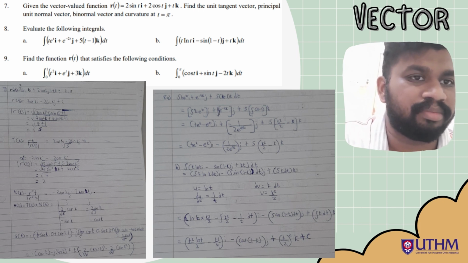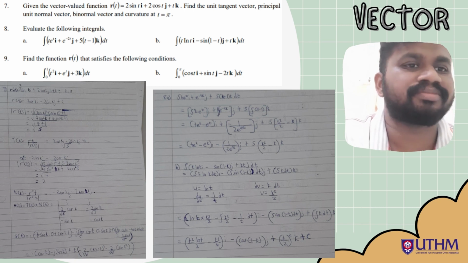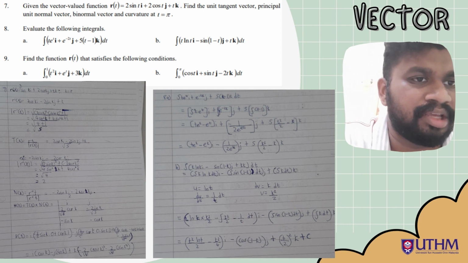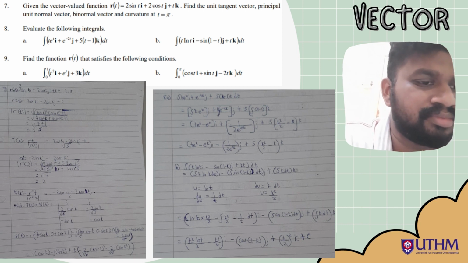So the next step, integrate t e to the t i plus integrate e to the negative 2t j, then bracket 5, then you put the bracket, integrate bracket t minus 1, then close the bracket k.